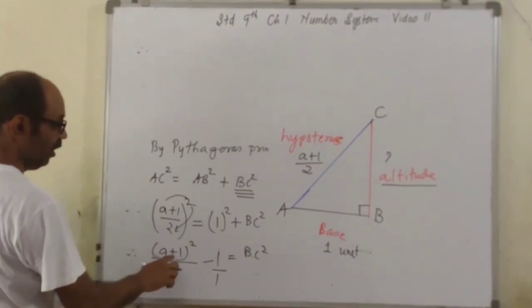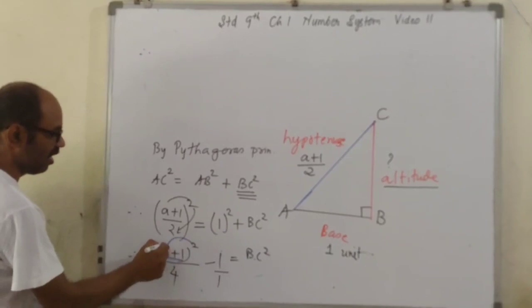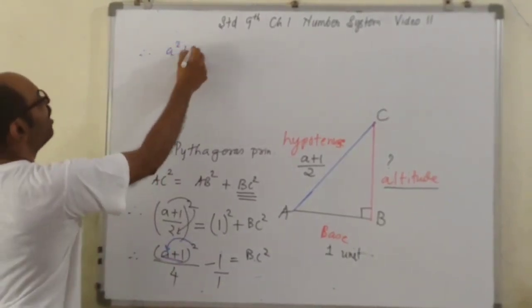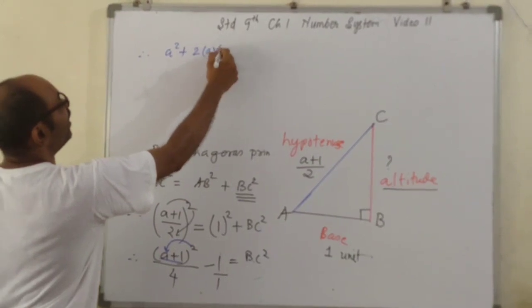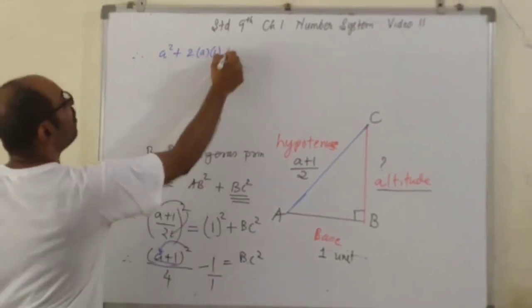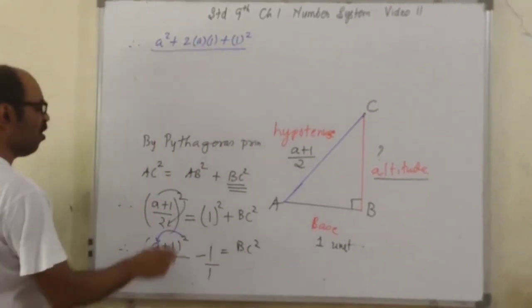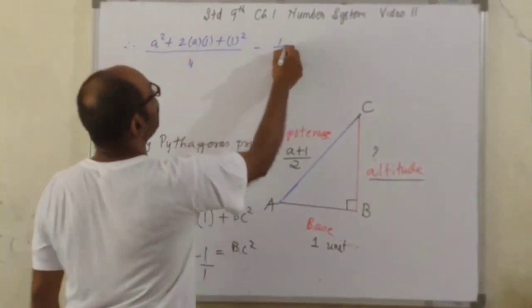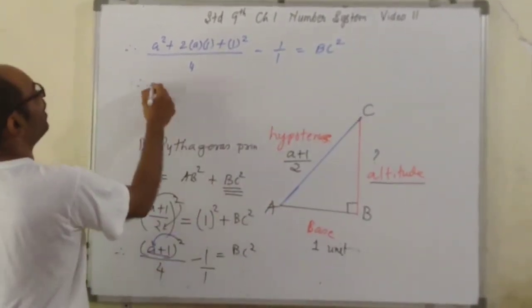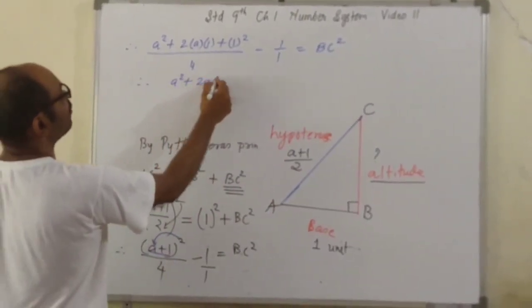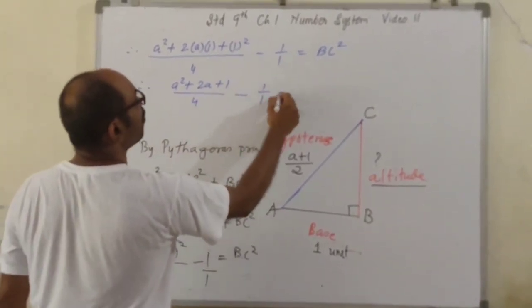Therefore, tell me. Oh children, this is the square of a binomial. First term square, a square, plus 2 into first term a into second term 1, plus second term square, that is 1 square, whole upon 4, minus 1 upon 1, equals the altitude square. Let's see, this is (a square plus 2a plus 1) whole upon 4 minus 1 upon 1.